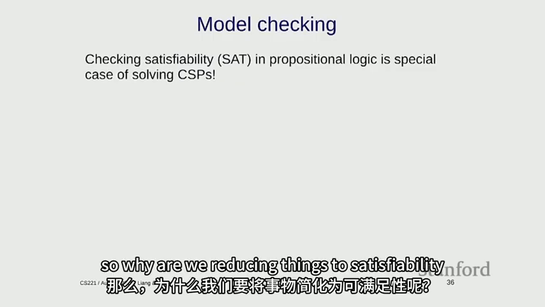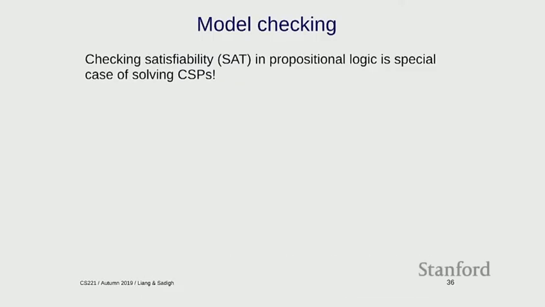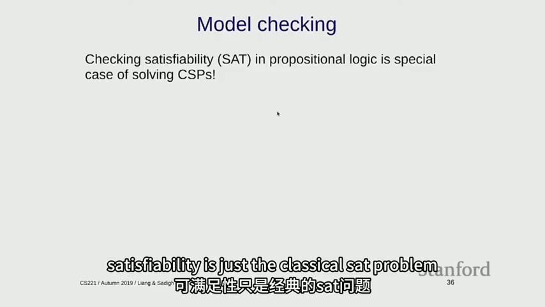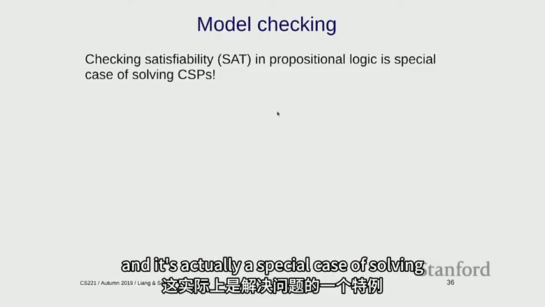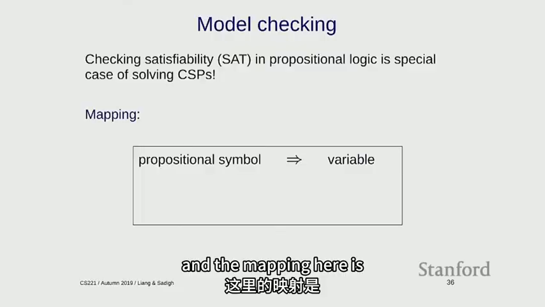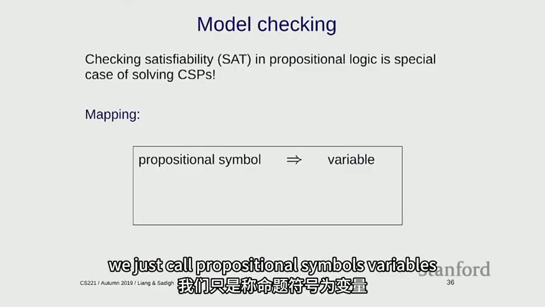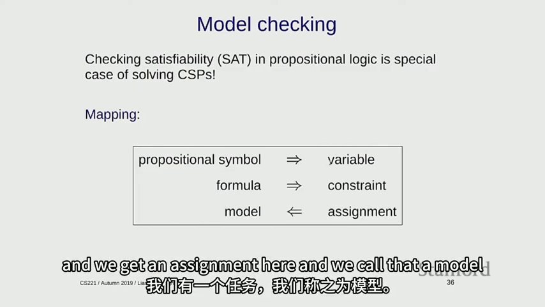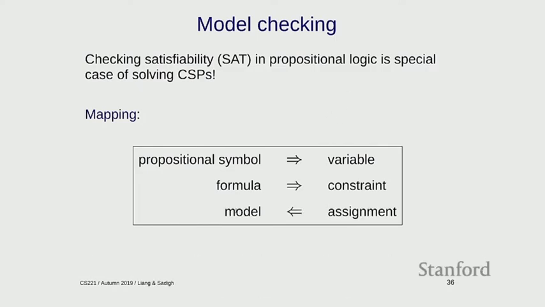So why are we reducing things to satisfiability? For propositional logics, checking satisfiability is just the classical SAT problem, and it's actually a special case of solving constraint satisfaction problems. The mapping here is we just call propositional symbols variables, formulas constraints, and we get an assignment here and we call that a model.